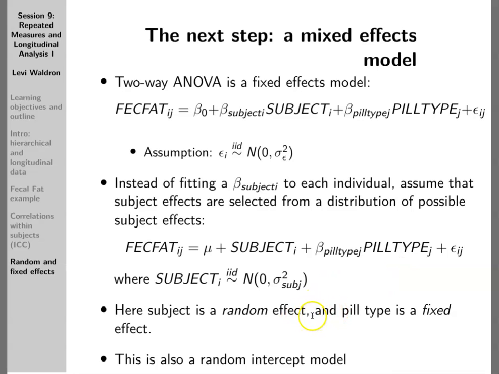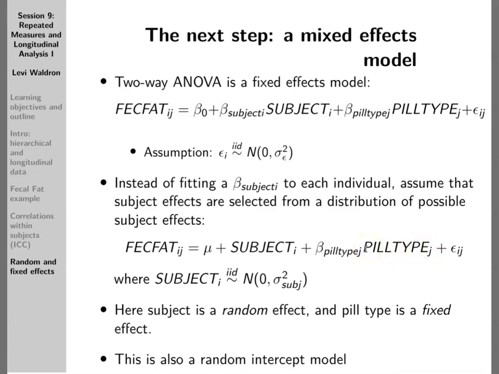So I called this a mixed effects model because we have a fixed effect of pill type, meaning that the effect of, say, a capsule is the same for everyone. That is not a random variable.